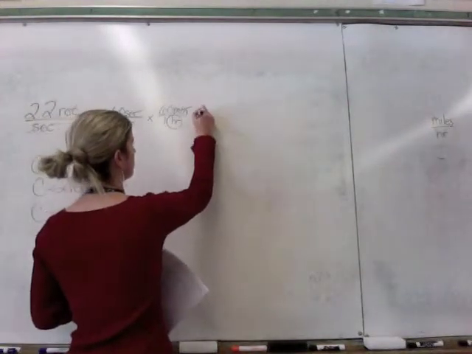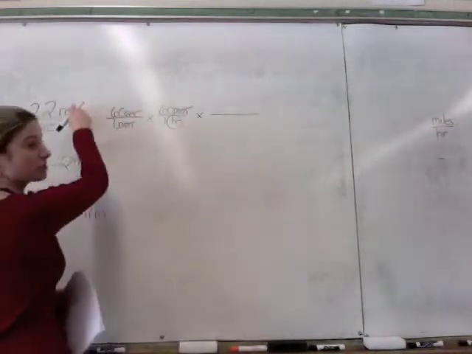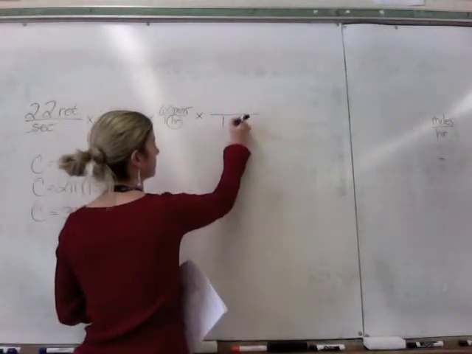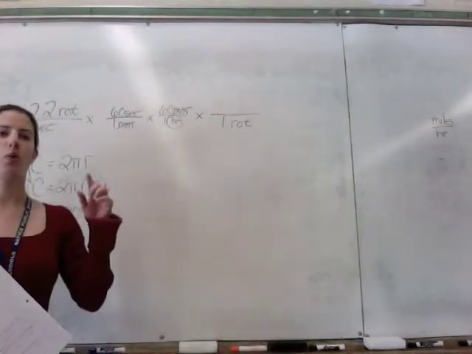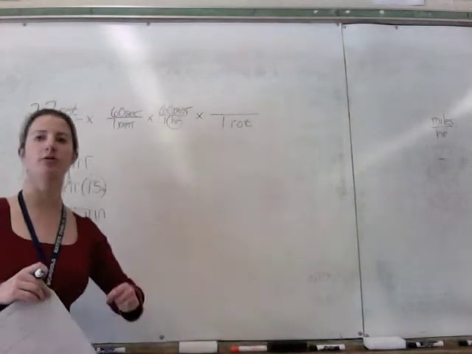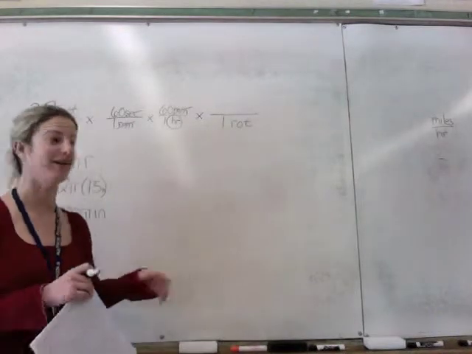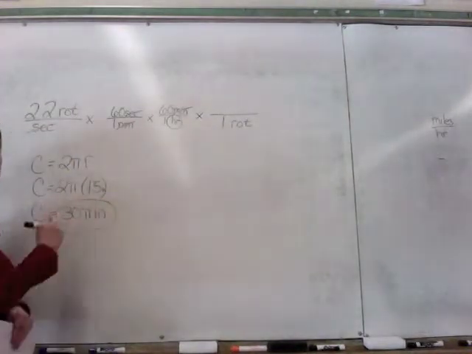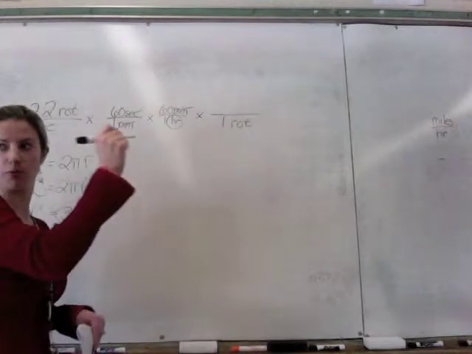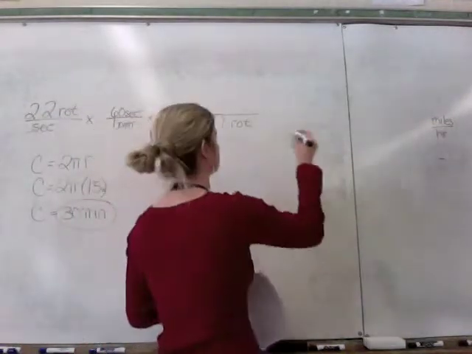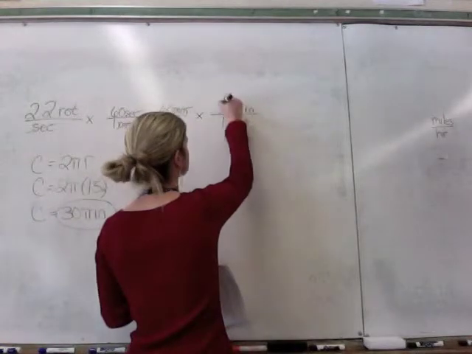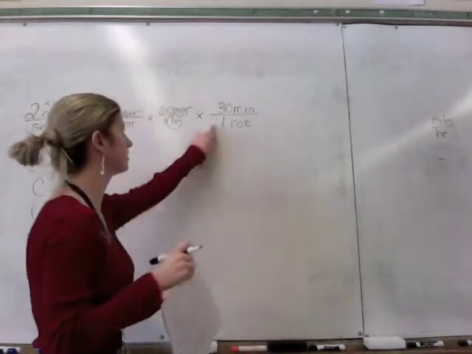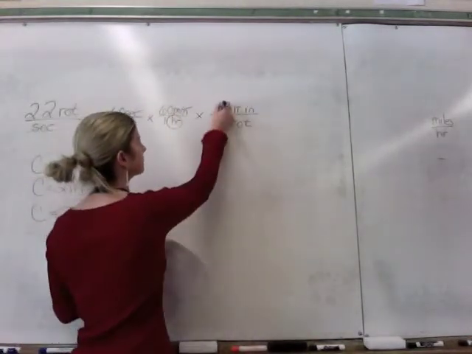Remember, rotation's up here, so if I want to get rid of it, I want to put it down here so that it goes away. When the tire makes 1 rotation, it has gone 30 pi inches. So that's how we relate rotation to a distance: in 1 rotation, 30 pi inches.